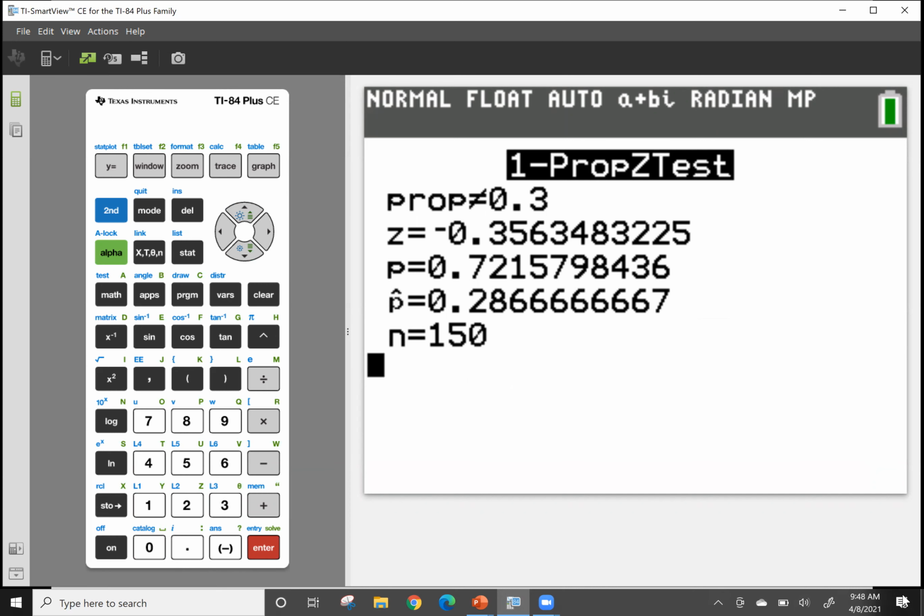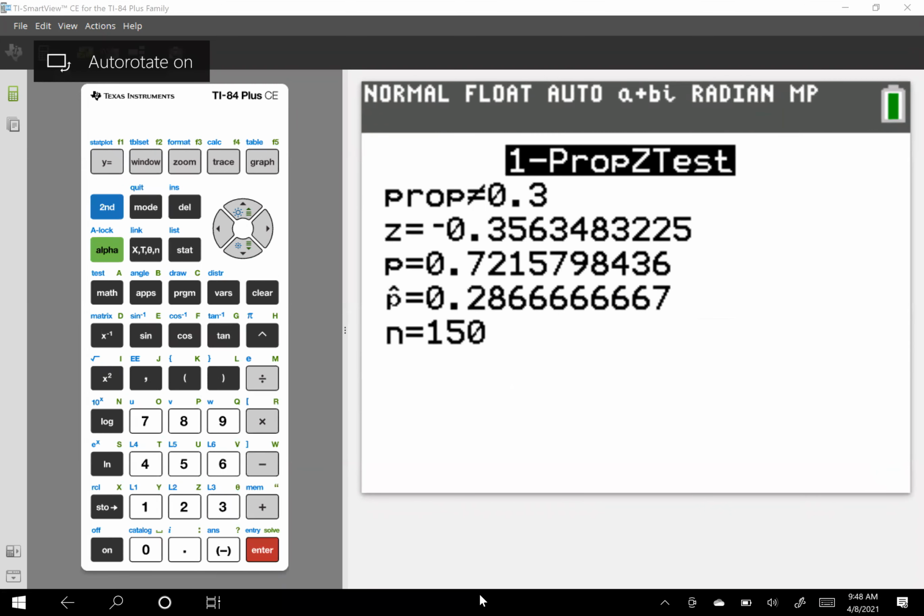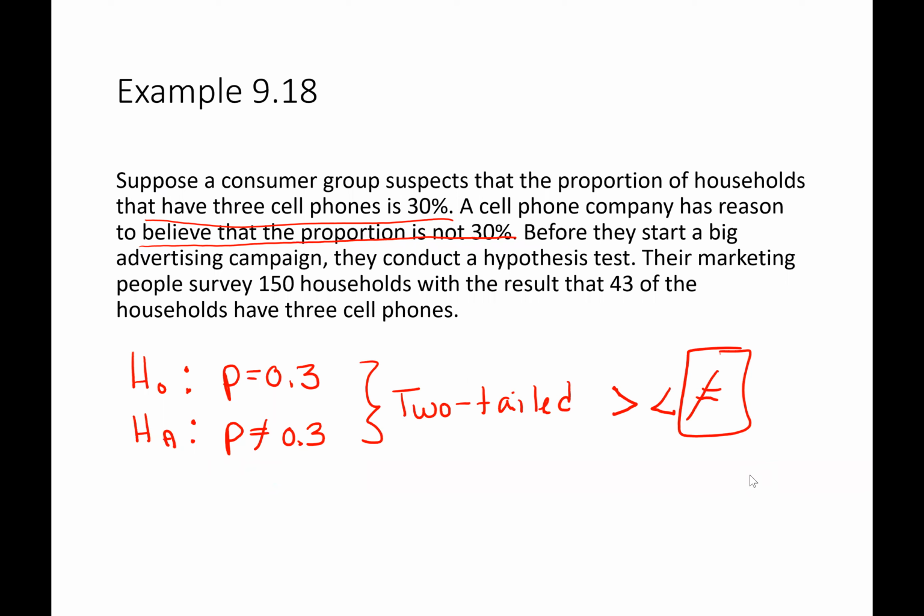So what's that tell us? What's that really big p-value tell you? What are you going to do?